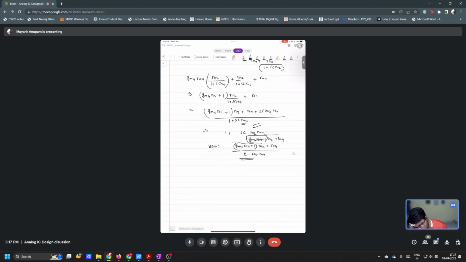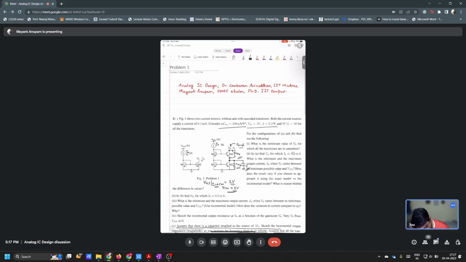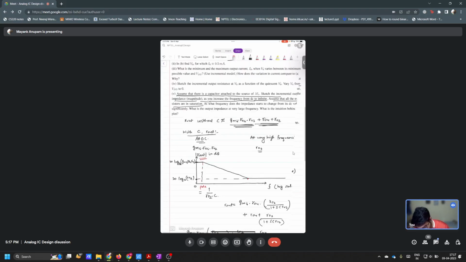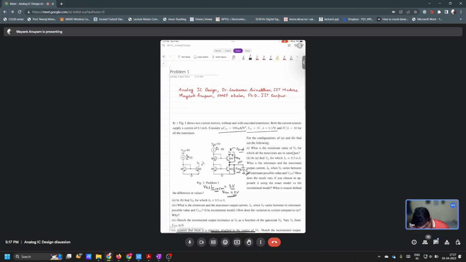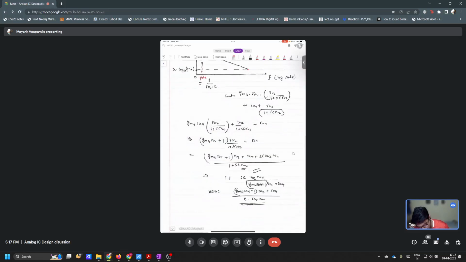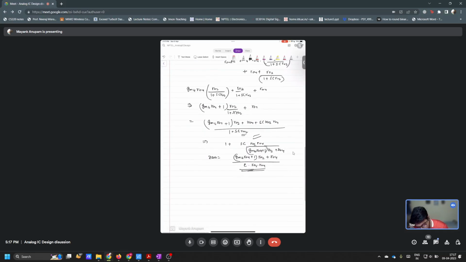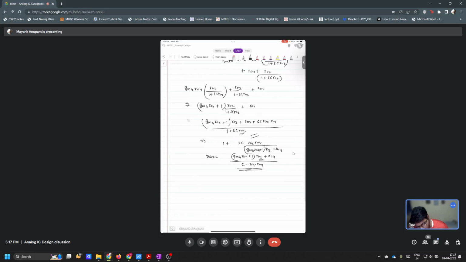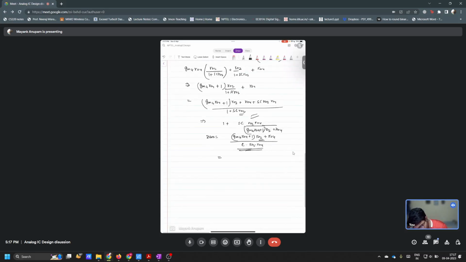So this guy should dominate here in this case. I was wrong actually. That was a calculation mistake which I did. The zero location is this. The first term will dominate here. So basically it can be approximately equal to GM4 times RO4 plus 1 divided by C times RO4.